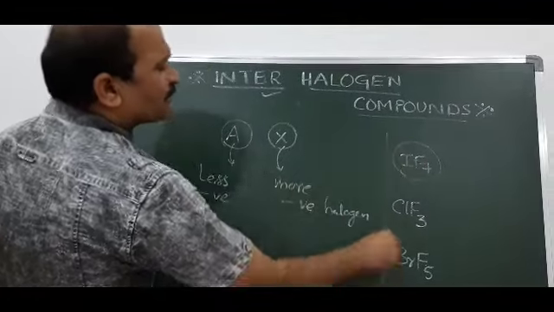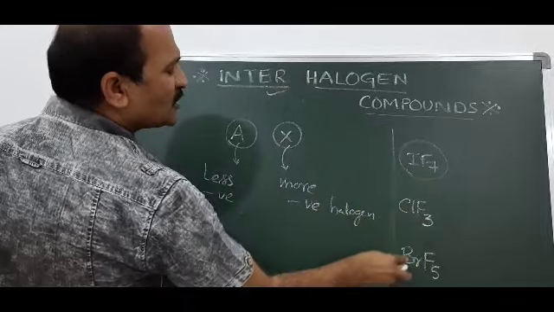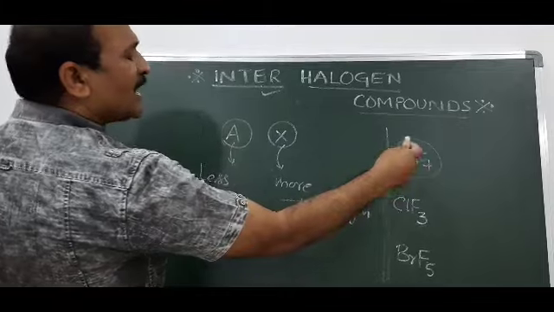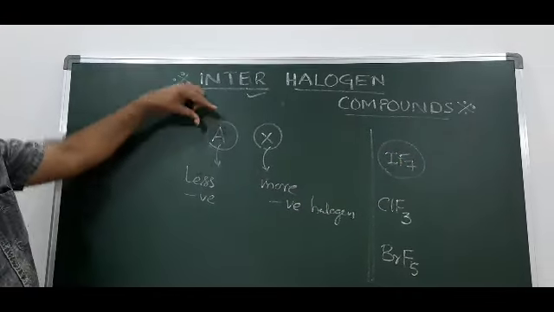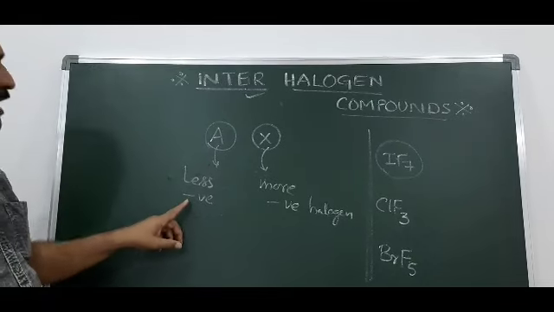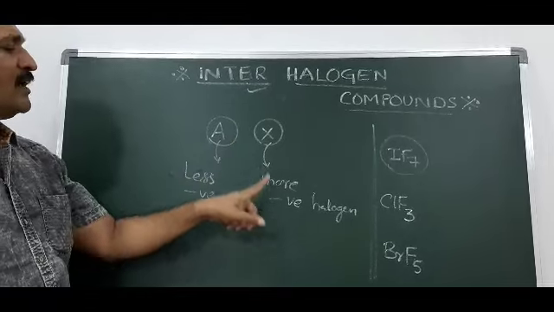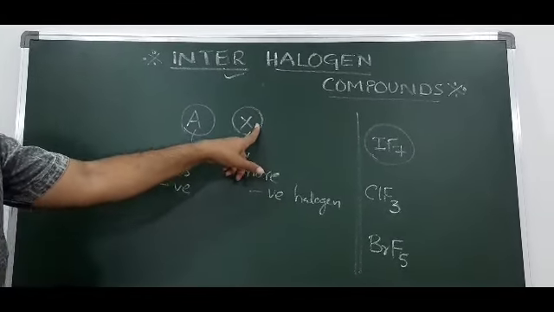Because every interhalogen compound is formed by two different types of halogen atoms, definitely one has a higher electronegativity and another one has a lower electronegativity. For convenience, the halogen with less electronegativity I will call A, and the one with more electronegativity I will call X.